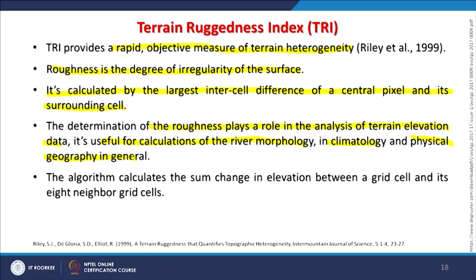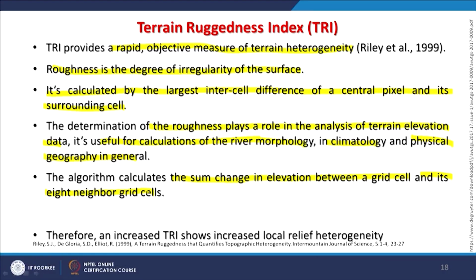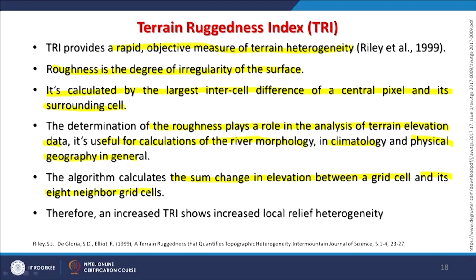Now, the algorithm employed here to calculate this TRI is basically the sum change in elevation between a grid cell and its 8 neighboring cells. So, again this 3 by 3 kernel will be used, and therefore, an increased TRI shows increased local relief heterogeneity.